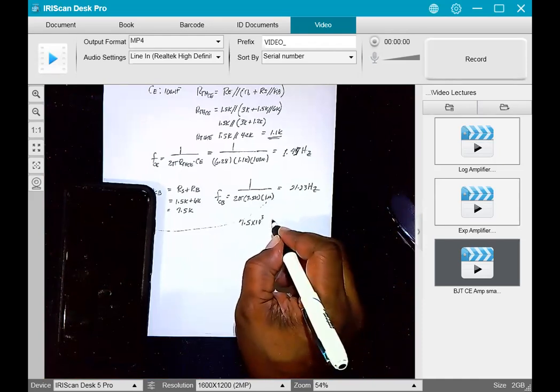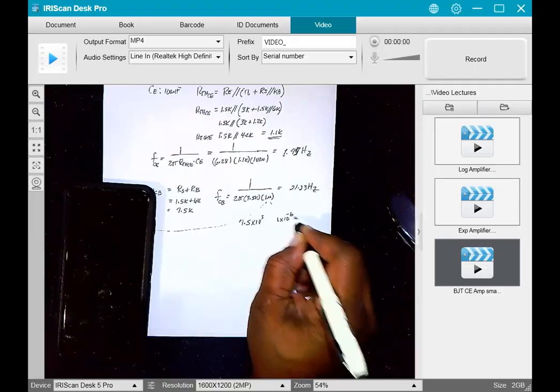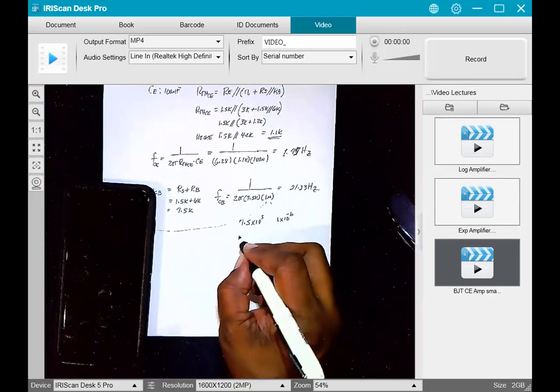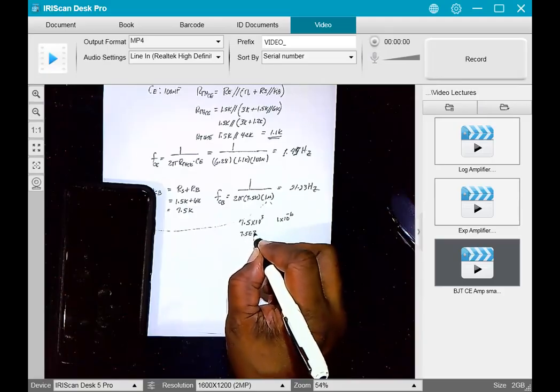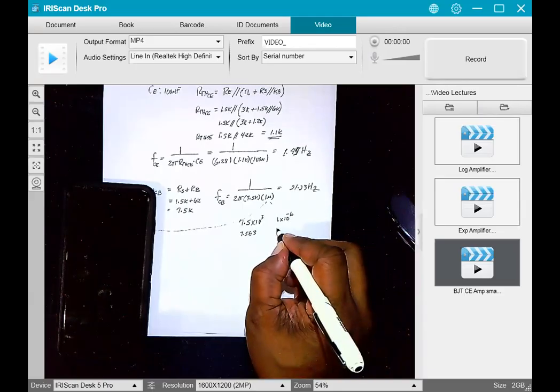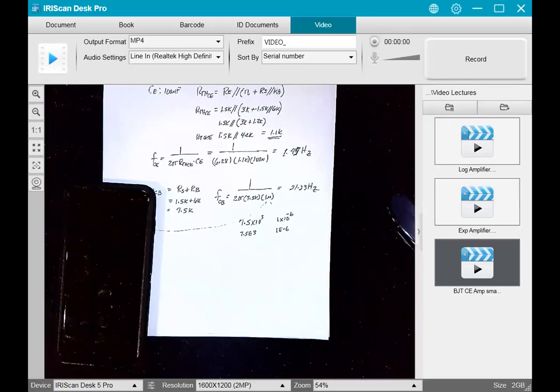And the 1 micro is 1 times 10 to the minus 6. And so in my calculator it's 7.5 E3. Right. And here it's 1 E minus 6. I got it now.